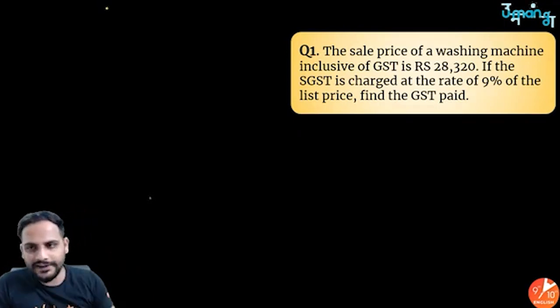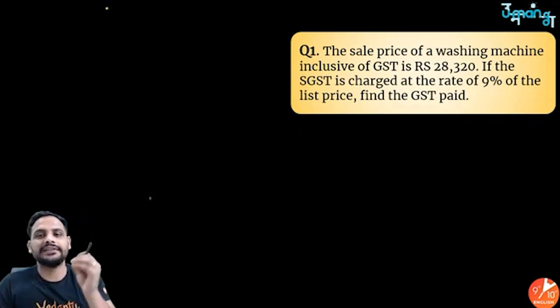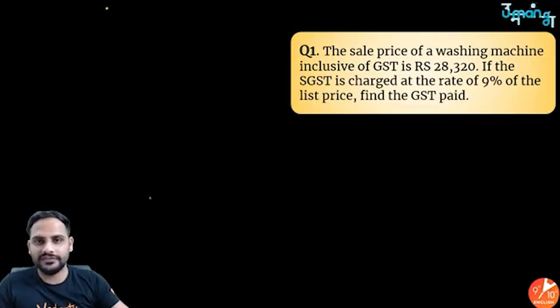See, this 28,320 is the selling price inclusive of GST. Be very careful. So let's say the selling price of this washing machine is rupees X. The SGST is 9%.